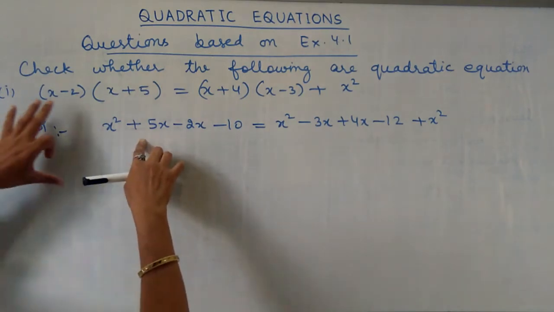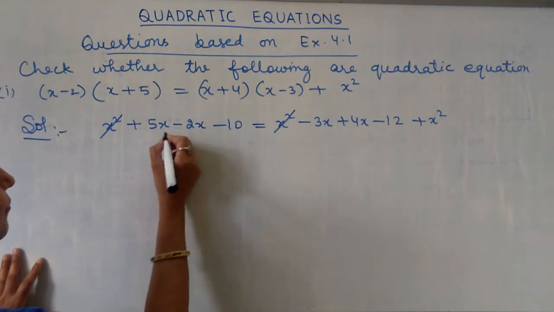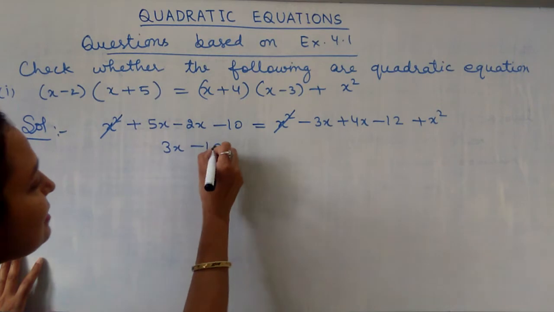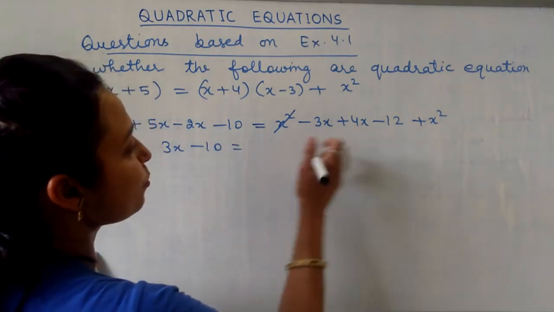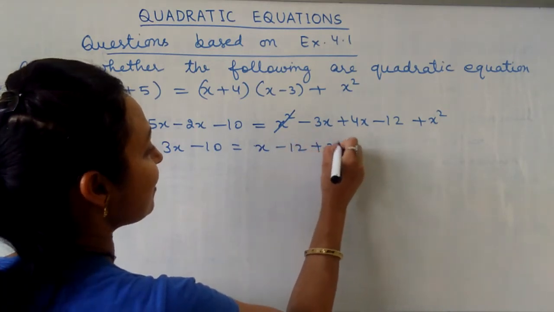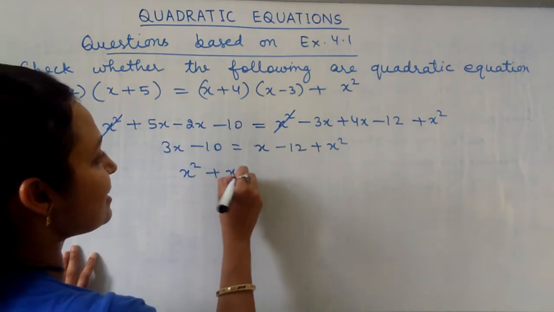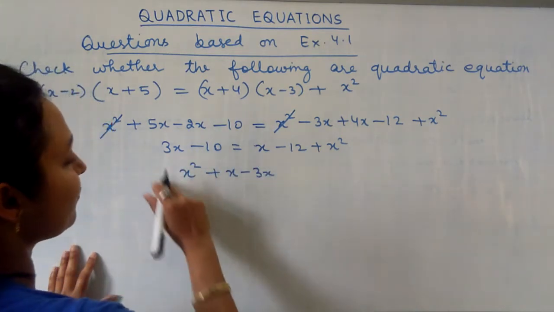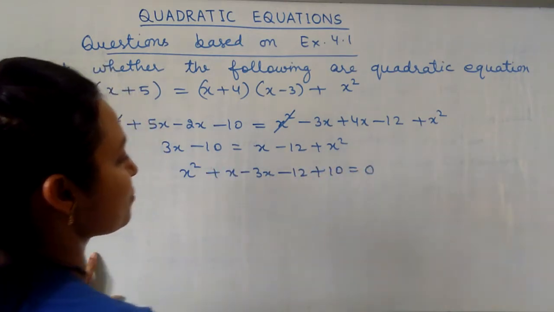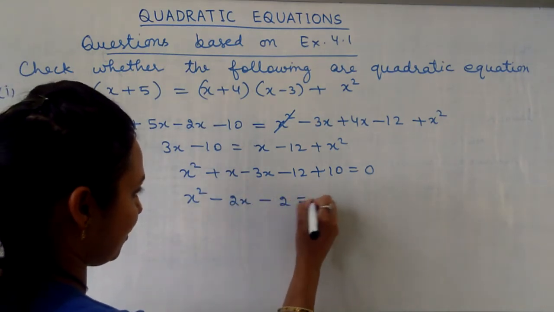Again, I will cancel x square with x square. 5 and 2, after subtraction I will have 3x minus 10. After subtracting these two, that is minus x plus x minus 12 plus x square. I will take these two terms on the right hand side. X square plus x will come in the negative form. This is minus 12, it will come into the positive form, equals to 0. That means x square minus 2x minus 2 equals to 0.